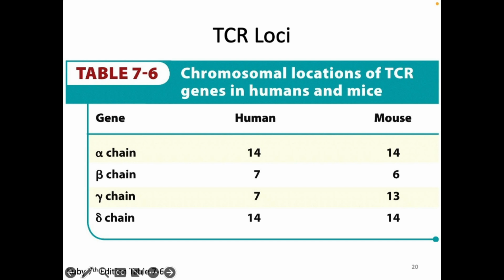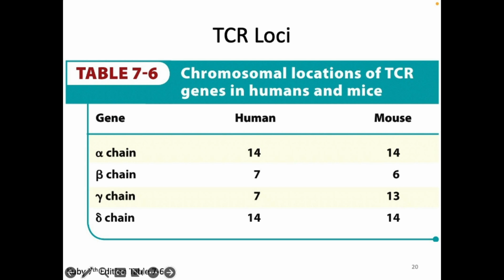So beta and delta are heavy chains. Delta is a heavy, not a light. You're pretty much there, but rephrase what you just said. Mm-hmm. Alpha and delta are on the same chromosome, right? Yes, it just so happened that those are the same, but we don't actually care about that. But we do care about the fact that alpha and delta are on the same chromosome. They're on the same piece of DNA.